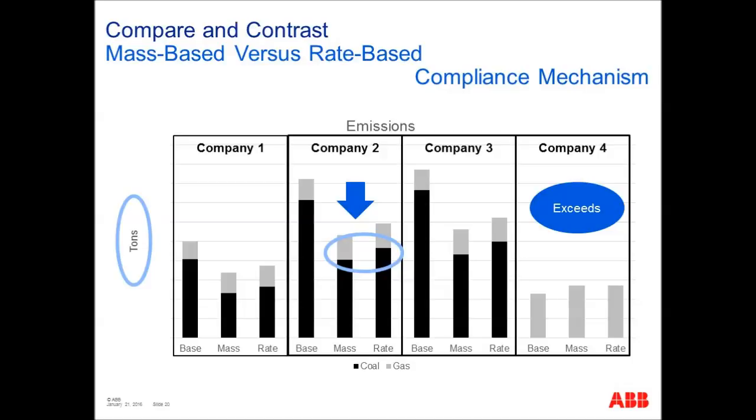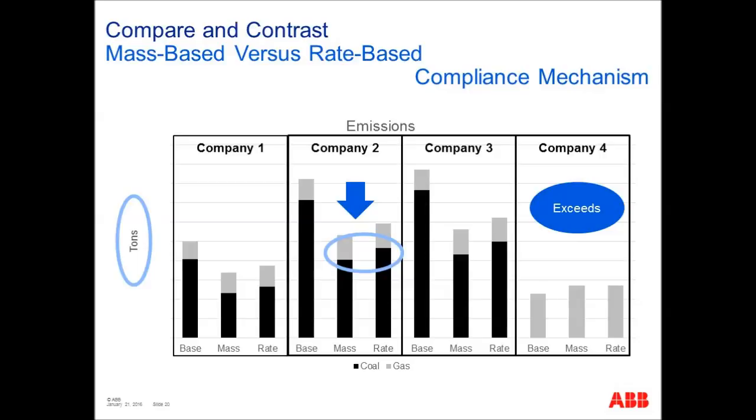But we also notice that the rate-based program gives us a little more advantage in using our coal assets. The black box represents coal emissions, and the gray, the gas emissions. So the rate-based program, by allowing the renewables into the denominator, creates extra value to run more coal.